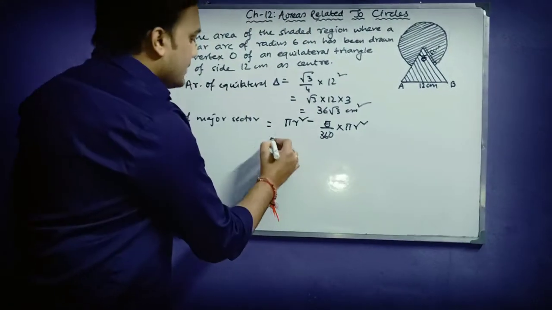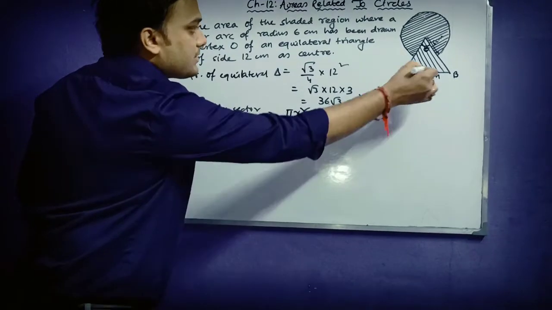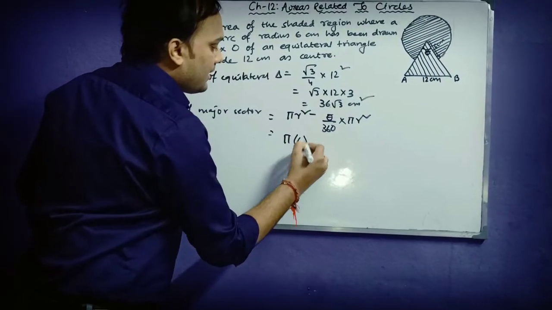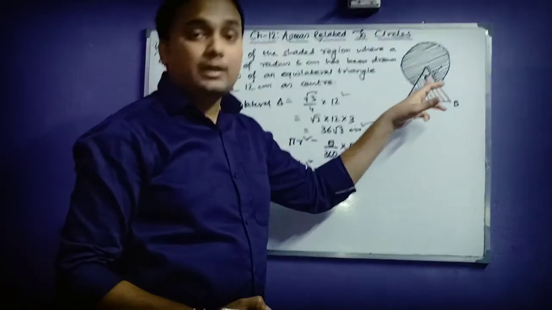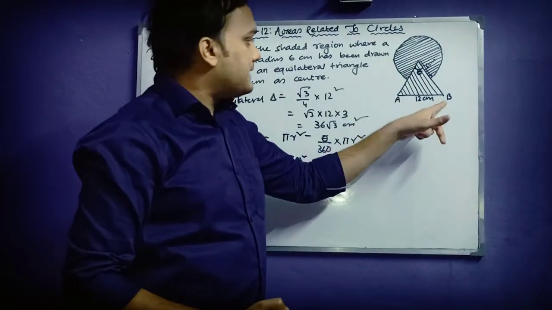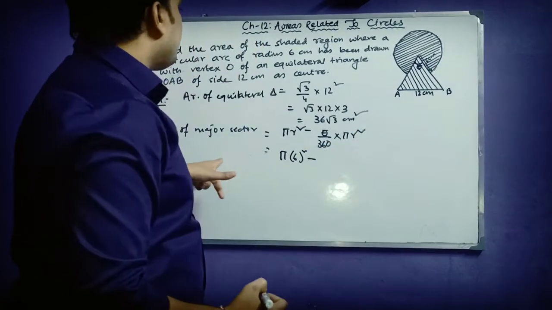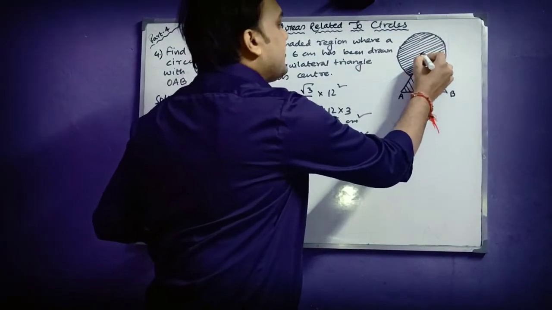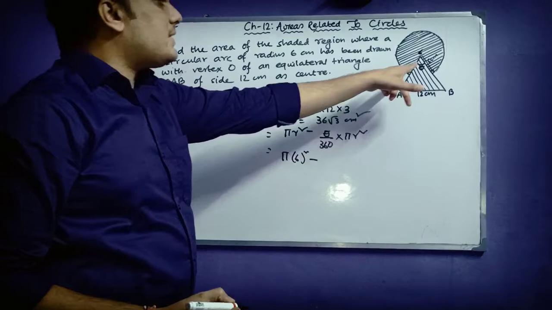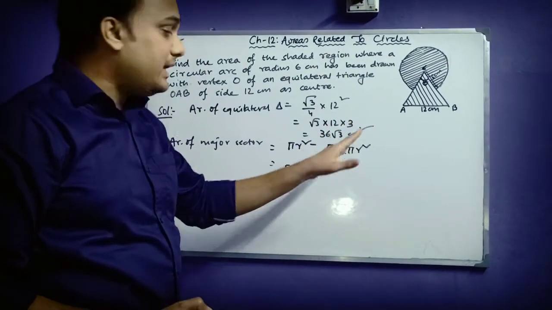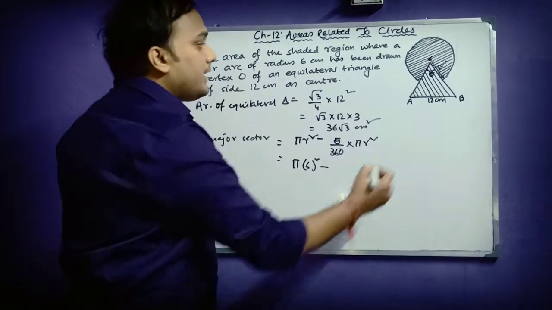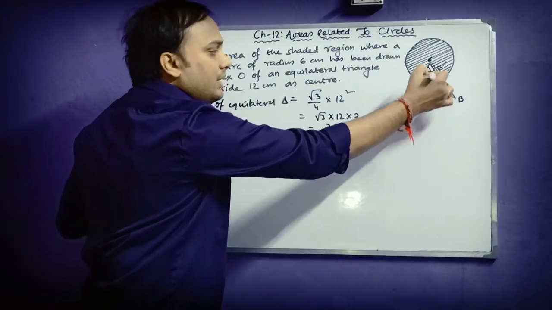So it will be equal to pi r square, and obviously r is 6 here, that means 6 square, minus. Now the next question that arises is what will be the theta here, as ABC is an equilateral triangle. As ABC is an equilateral triangle, obviously all the angles of triangle ABC are 60 degree each. So we can say theta is 60 degree, as theta is also an angle of the equilateral triangle.